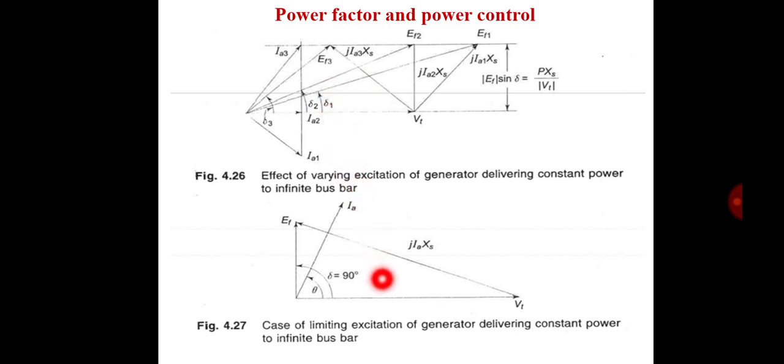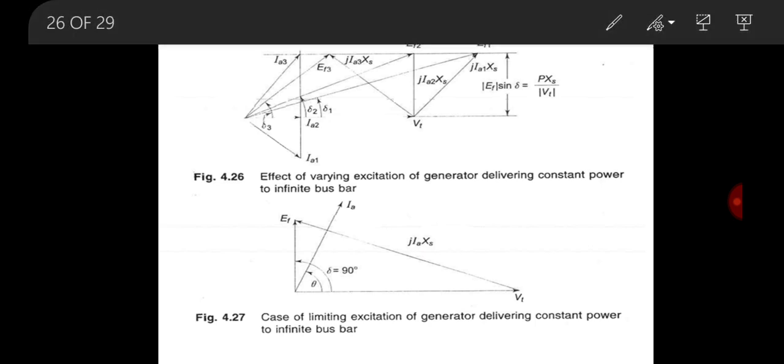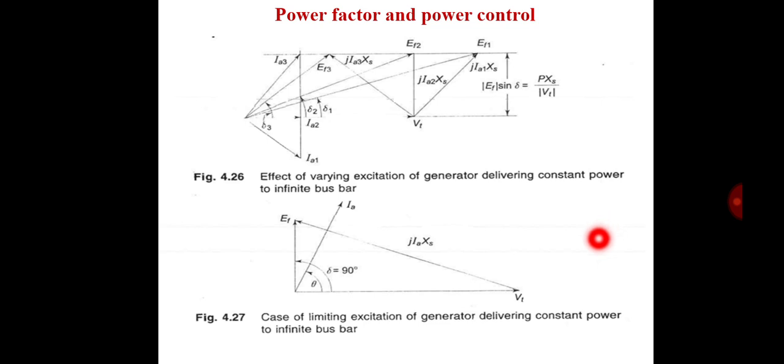Now the case of limiting excitation of a generator delivering constant power to an infinite bus. Here VT, the terminal voltage, is the reference, and here is IA. Adding IA into XS to VT gives EF, the field EMF.